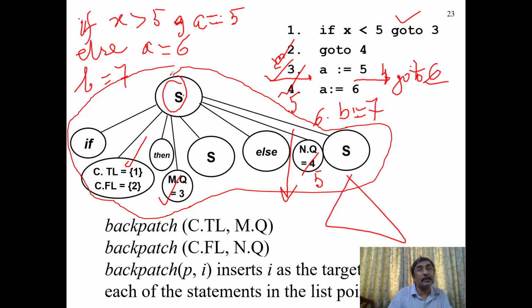Unless you change the parsing algorithm, which is not in your hand, you will not be able to manipulate it. So you have to go with the flow of the parsing algorithm. Everything that you have to remember, you can remember as attributes of the non-terminals, or as global data structures. But nonetheless, you have to remember things. You cannot expect that the part of the parse tree that is reduced will come back again.